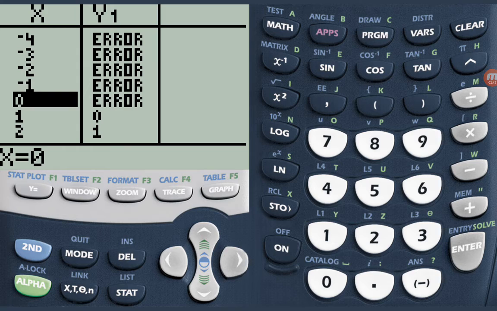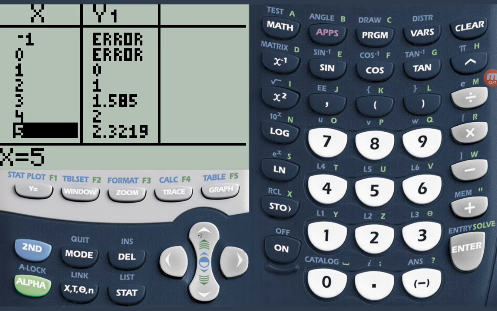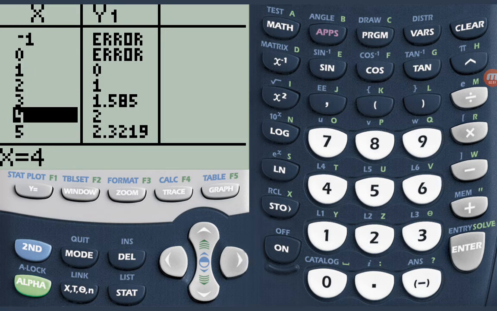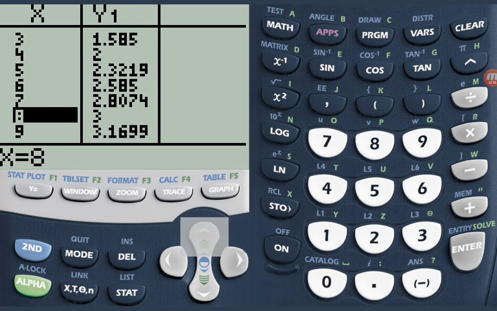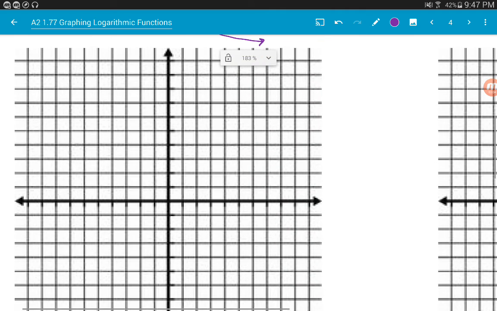So what we can do is look at the points that we do have. 1, 0, 2, 1. I don't want to graph these decimals, so let's just pick the nice ones: 4, 2, and 8, 3. So we'll start off with those. The point 1, 0 is right here.